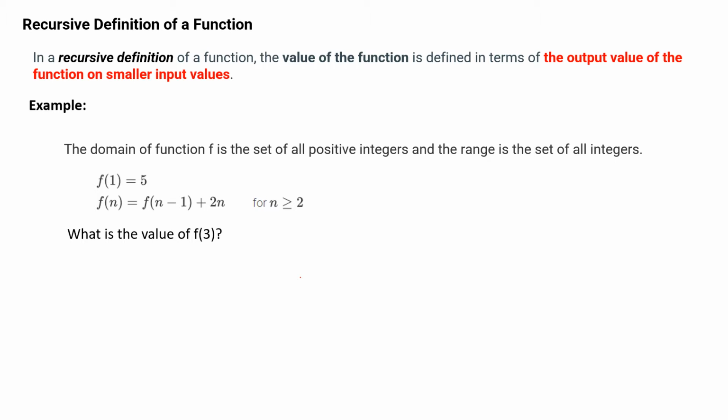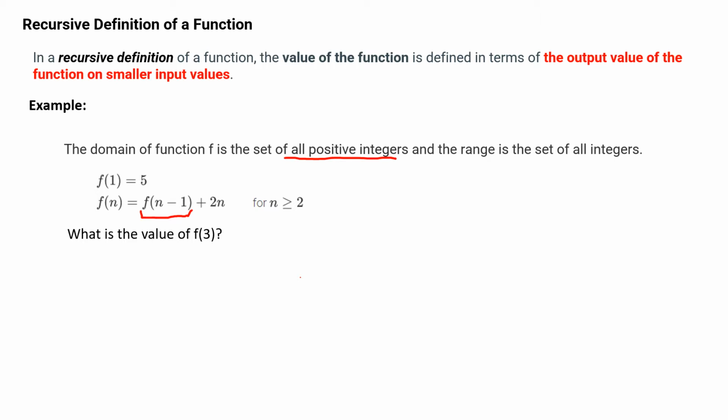It starts out with a starting value f of 1, and then for any value n greater than or equal to 2, and we're talking about all positive integers, we have to look at the value of the function at the previous integer in order to come up with the value where we're at.